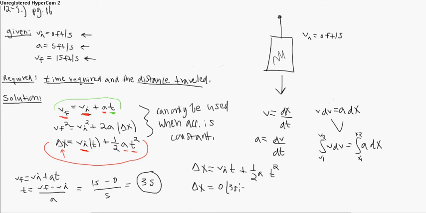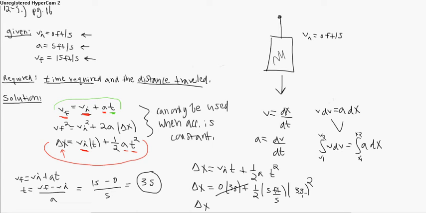I'm going to put the units in this time. Plus 1/2 multiplied by the acceleration of 5 feet per second, and then multiplied by the time for 3 seconds, and that's squared. So then that would be 0 right there, so I'm just going to scratch that out.